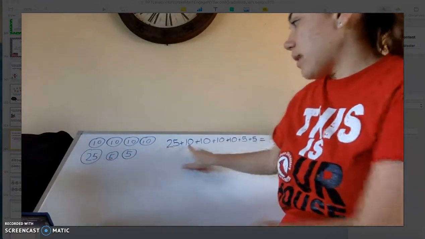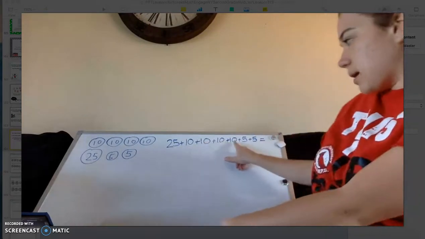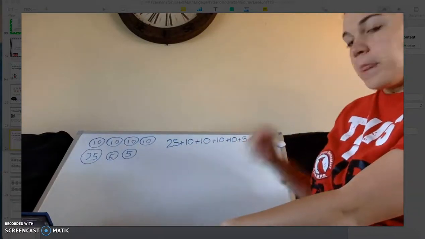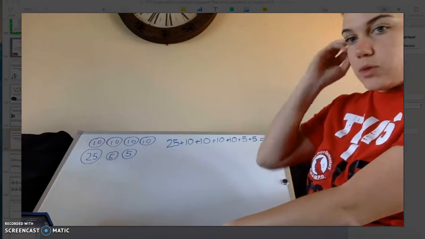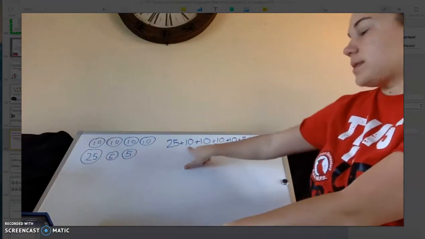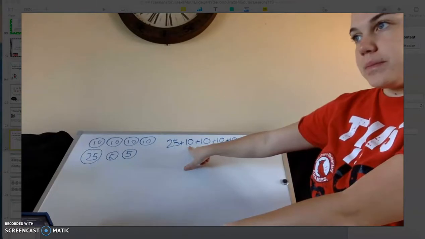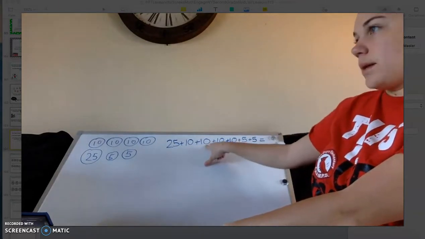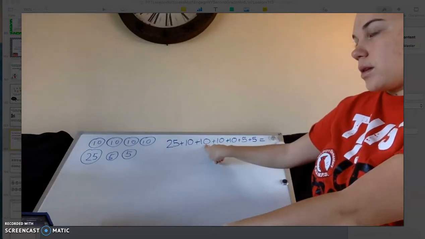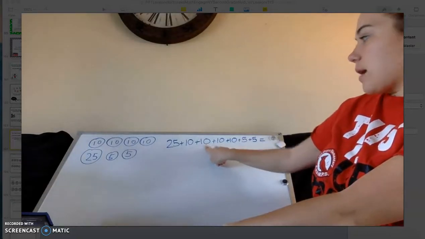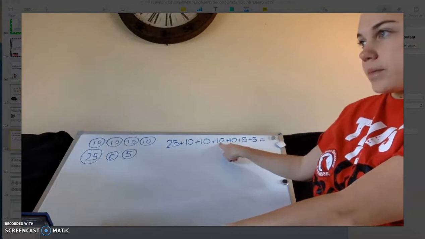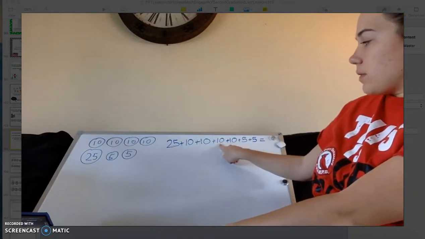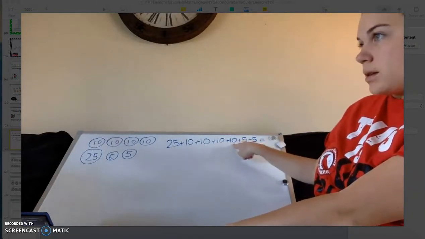So I have 25 plus 10 plus 10 plus 10 plus 10 plus 5 plus 5. So let's try and add that up. So if we're at 25 and we add 10 more, what are we at? Good. 35 plus 10 more. Good. 45 plus 10 more. Good. 55 plus 10 more.